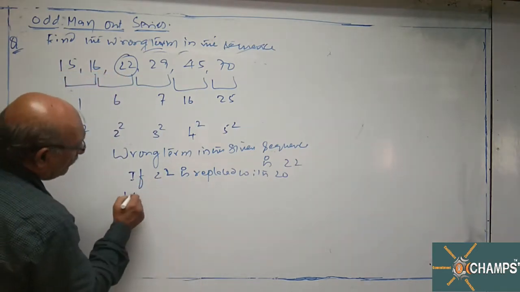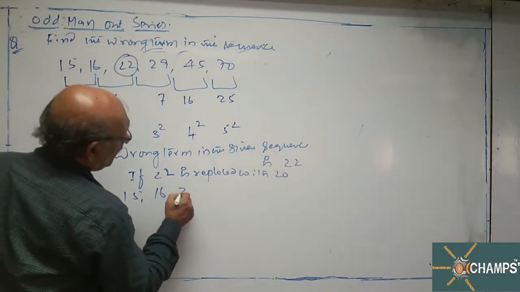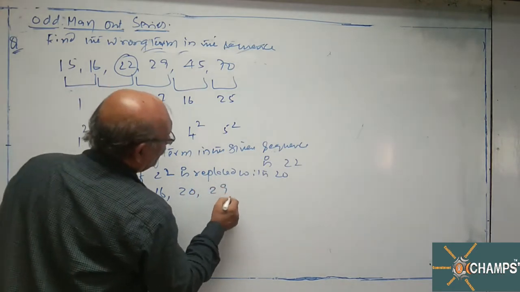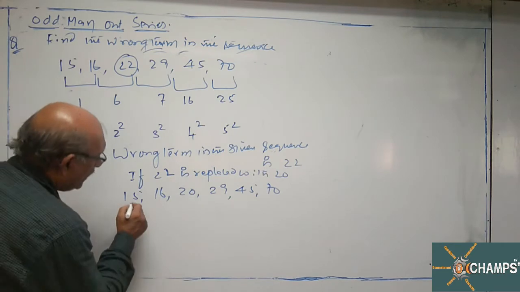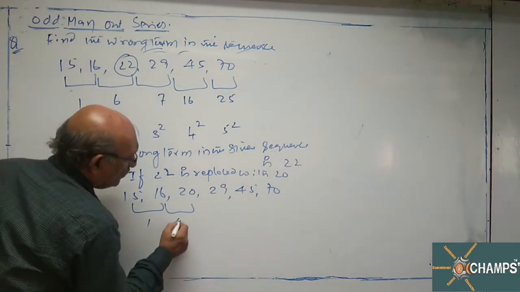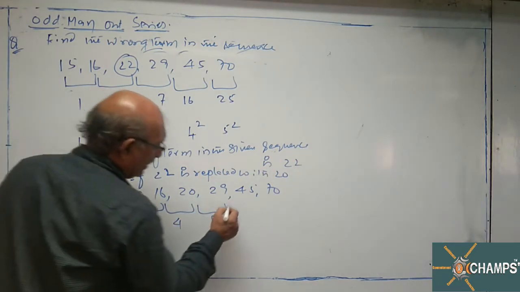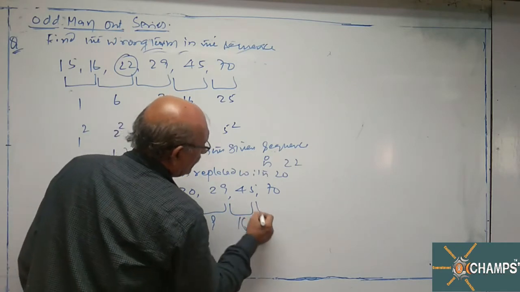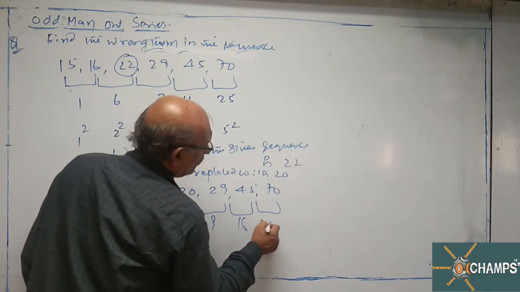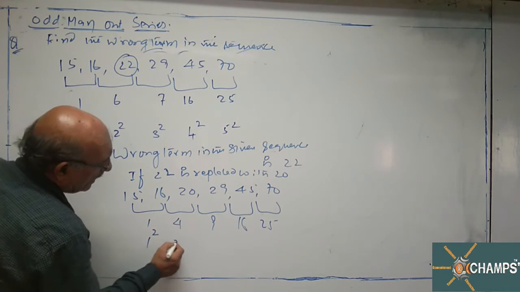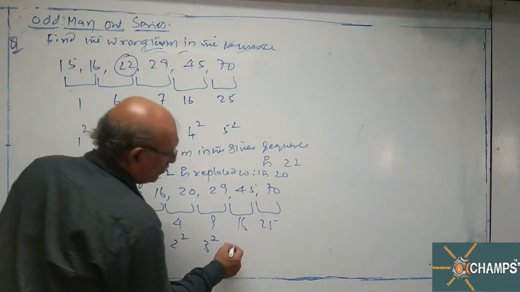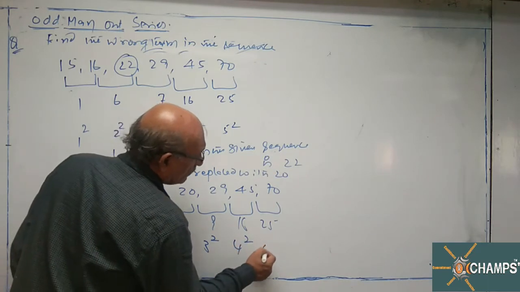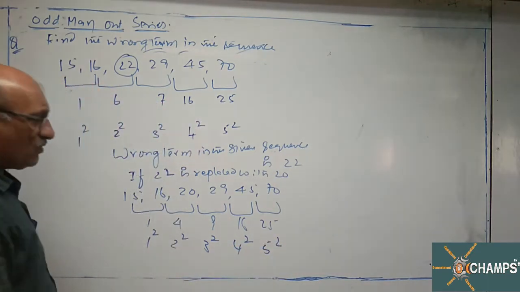Let us see the question. 15, 16, 20, 29, 45, 70. Now find the difference. This is 1, this is 4, this is 9, it is 16, it is 25. 1 can be written as 1 square, 2 as 2 square, 3 as 3 square, 4 as 4 square, 5 as 5 square.